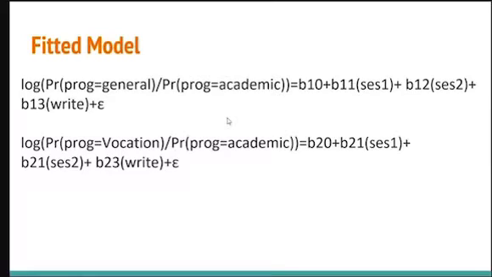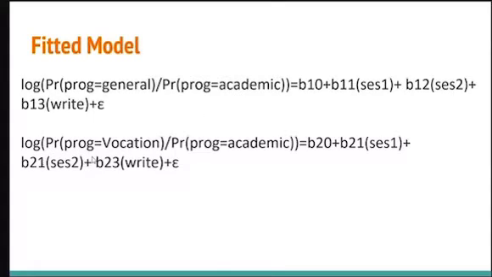Any question on how this fitted model works, whether in person or online? Any question? So when I have three levels, I'm going to have two fitted models. Don't forget, we decided to make a particular level the reference, and we're now looking at the log of the probability of, for the first one, general, relative to the one that is referenced, the academic one.